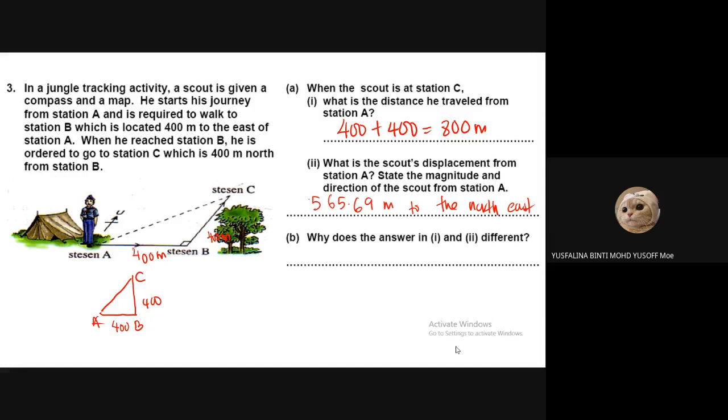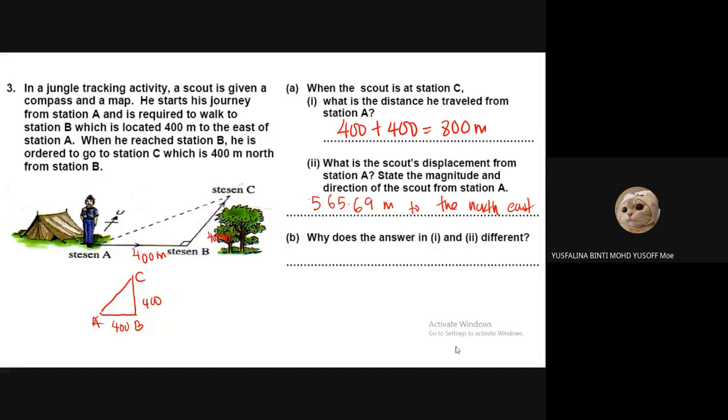Okay. Good try. But the real answer is, because distance is a scalar quantity, and it only has a magnitude, while displacement is a vector quantity. So it has a magnitude and also has a direction.